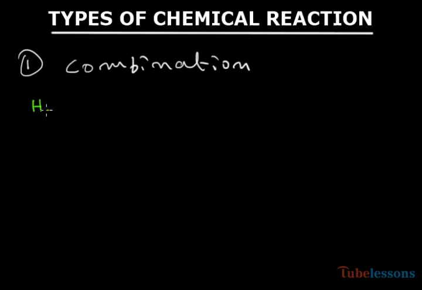As for example, when hydrogen reacts with chlorine to give hydrogen chloride, we call the reaction a combination chemical reaction. Let us again define what is a combination chemical reaction. When two different molecules of chemicals react to form a particular compound, it is called a combination chemical reaction.